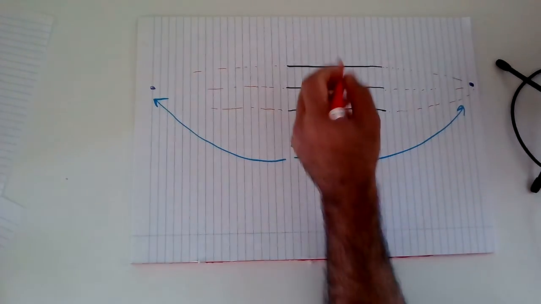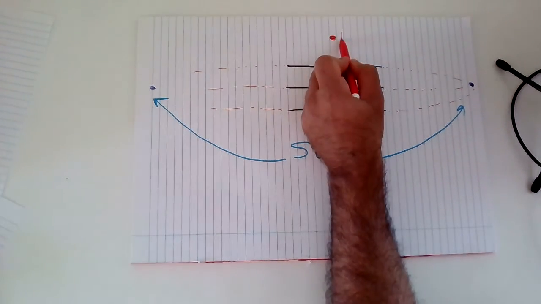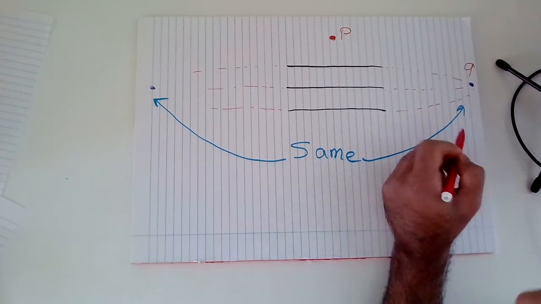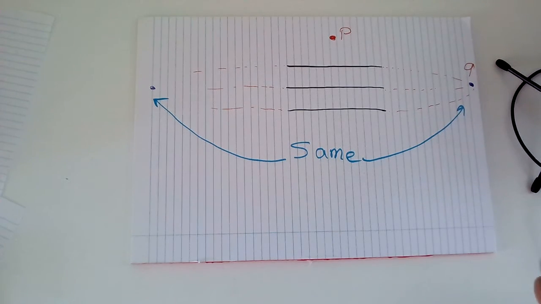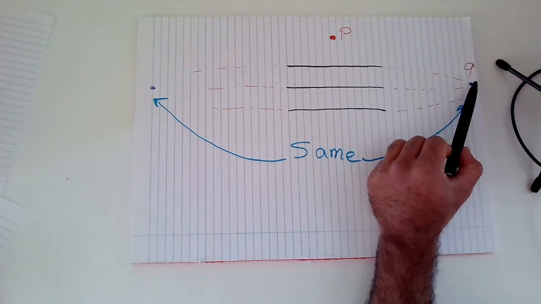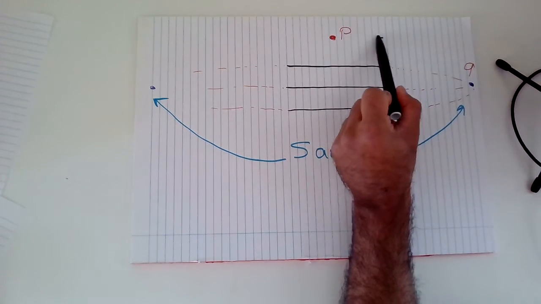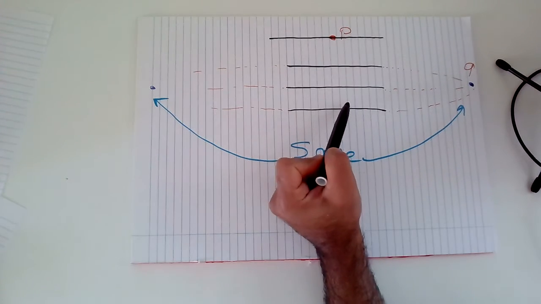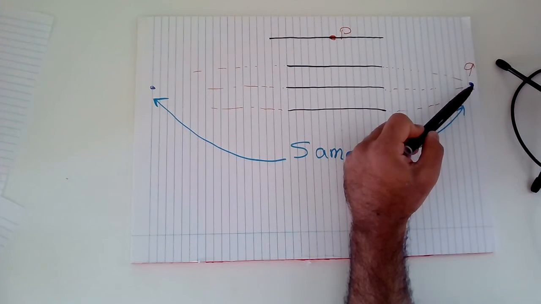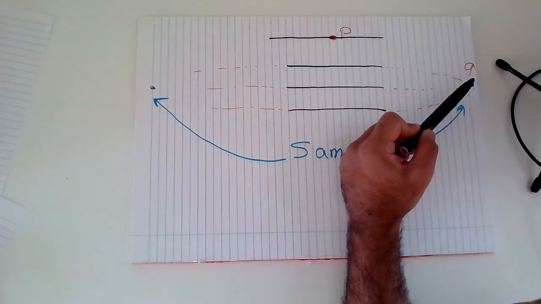For example, if I pick this point, so this is point P, and let's say this is the point at infinity Q. What is the line that passes through points P and Q? It's a line that is parallel to this set of black lines. It passes through point P, and of course, it goes through the point at infinity Q. Okay, so it looks like we're done.